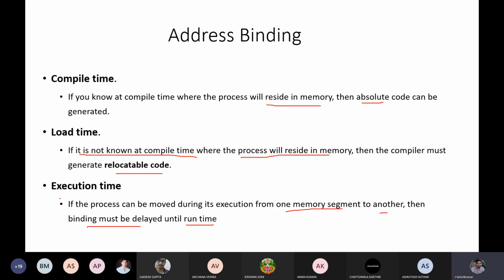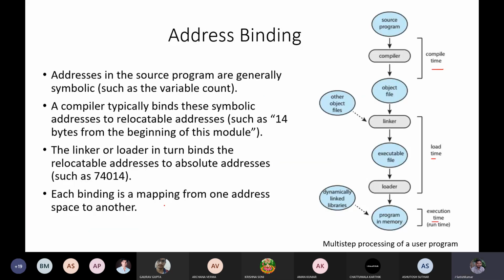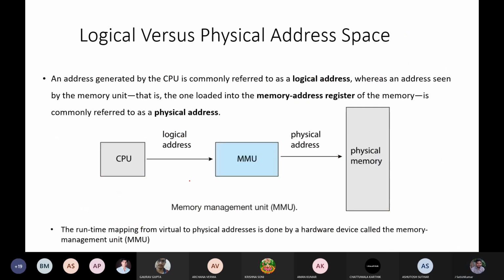Now, I told you that when an address is generated, it should be mapped from one address space to another address space. What that meant is, in an operating system we have two addresses: logical address and physical address.